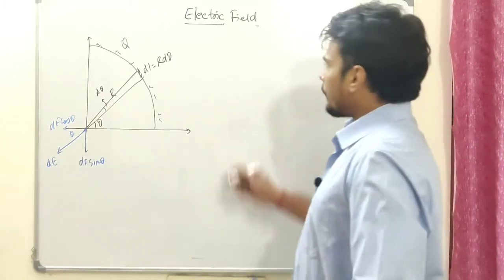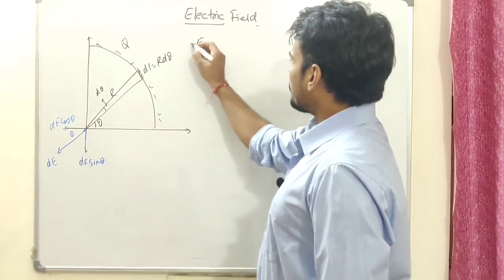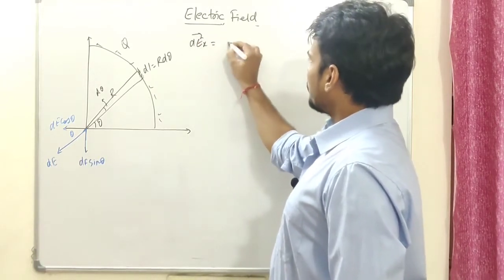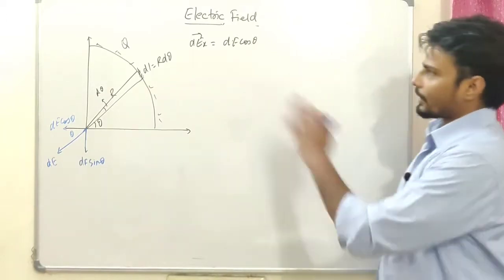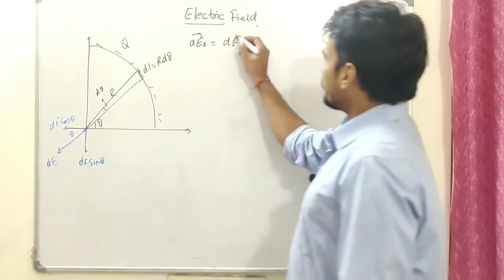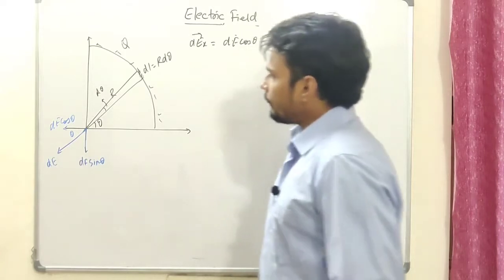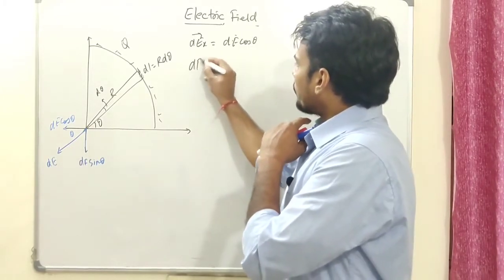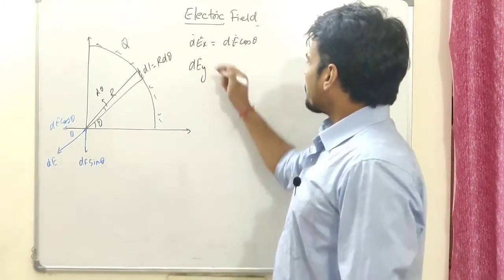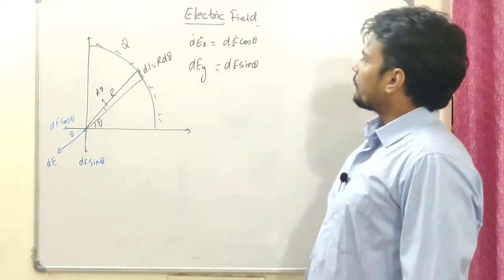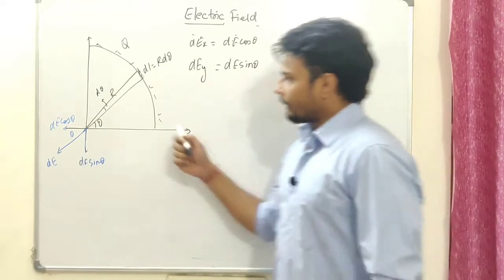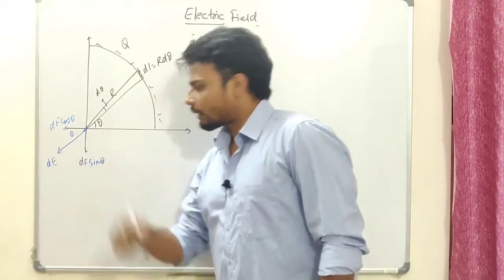The electric field dEx in the x direction should be dE cos theta, and dEy, the electric field in the y direction, is dE sin theta. So we find the field individually in the x as well as the y direction.